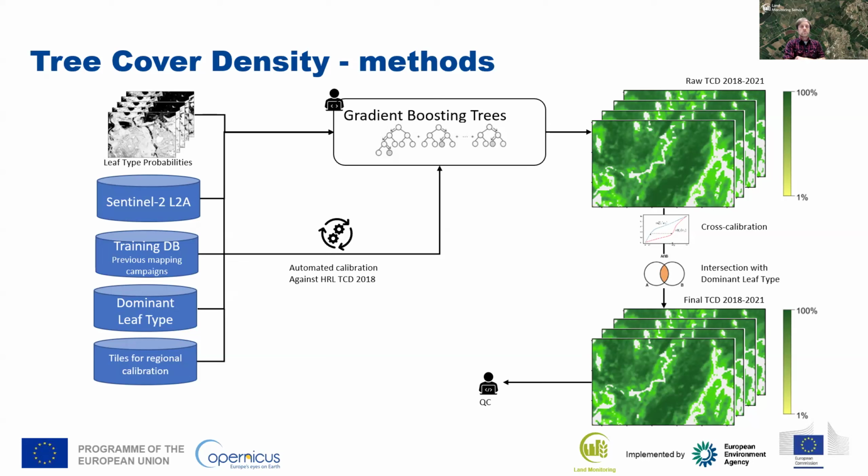Once we have the raw products from 2018 to 2021, a cross calibration is computed to smoothen out some outliers within the 4-year timeline. Once the time series has been smoothened, an intersection is done with the dominant leaf type, so that the tree cover density shows values only for the actual tree covered areas.